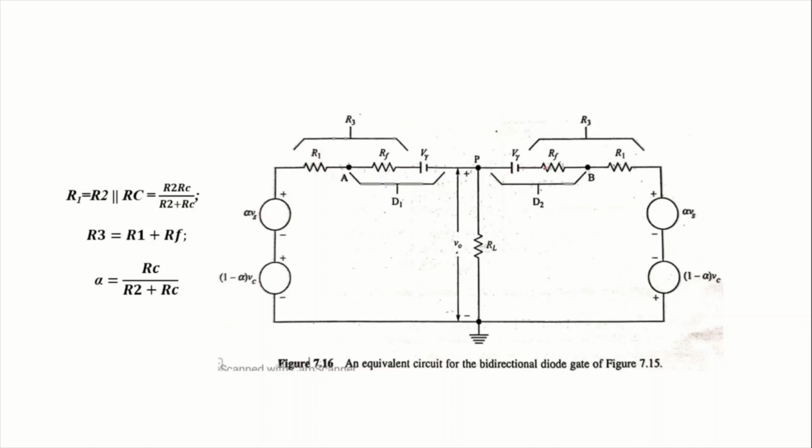These resistances R1 and RF are in series, so this forms a series resistance. Let us consider it as R3. Similarly R1 and RF here as R3. So R1 equals R2 parallel with RC, and R3 equals R1 plus RF, and alpha equals RC by R2 plus RC.